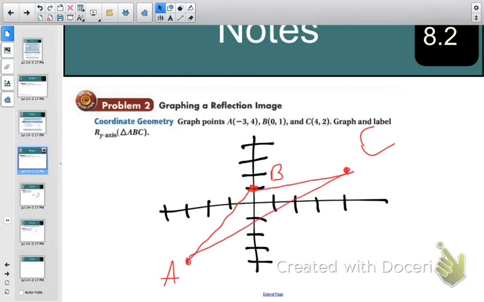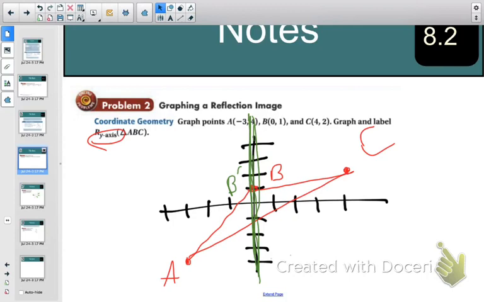and we're reflecting it over the y-axis. So that's going to be the y-axis. So right here. So to do that, our shape kind of overlaps the y-axis. So B is going to stay where it's at because it's on the y-axis. So B prime is still right here. A is going to flip over, so it's going to go over 1, 2, 3.